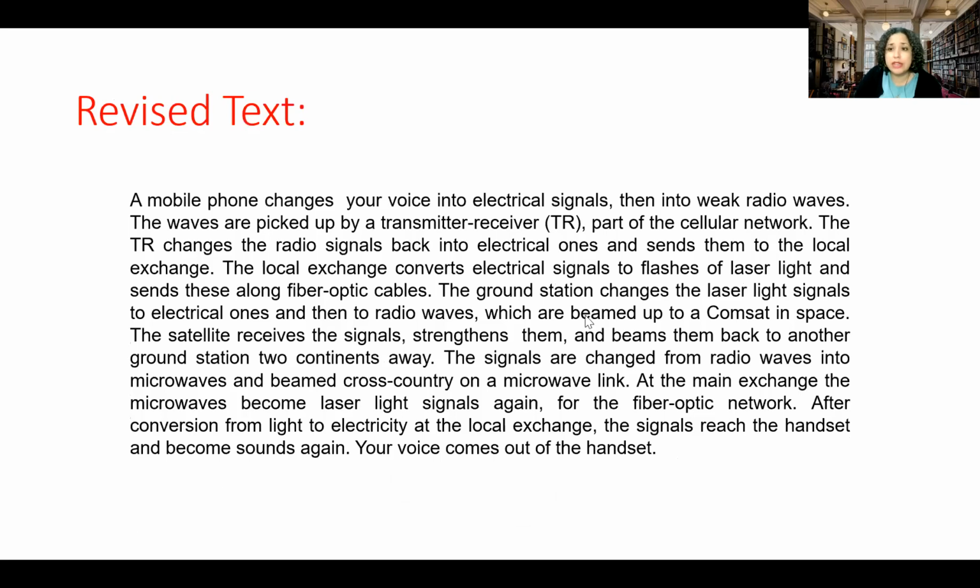Right now, what we're doing is the waves are picked up by a transmitter receiver, part of the cellular network. And then, now we talk about that one, and now we're gonna talk about the changes of the signals. The transmitter receiver changes the radio signals back into electrical ones and sends them to the local exchange.